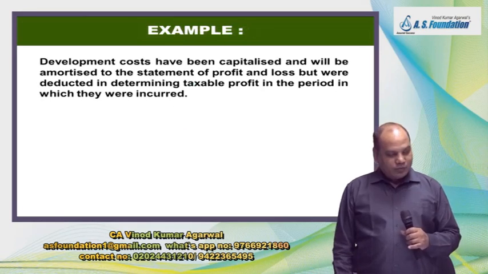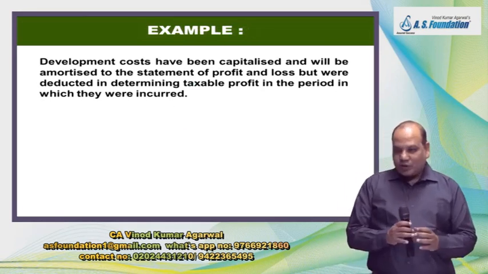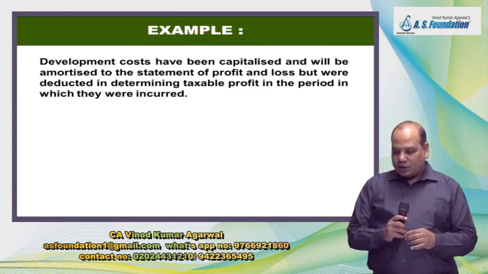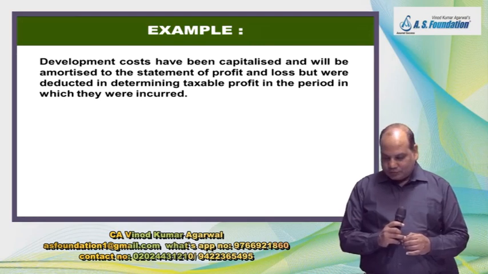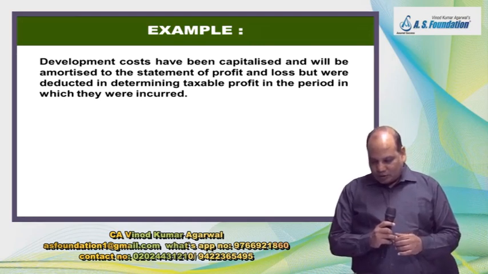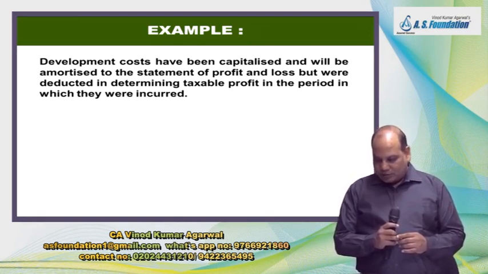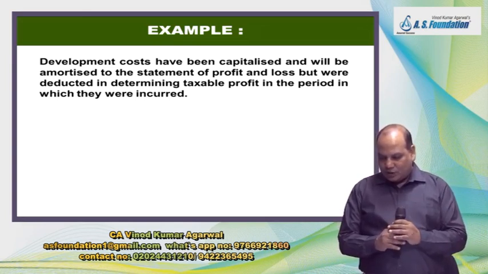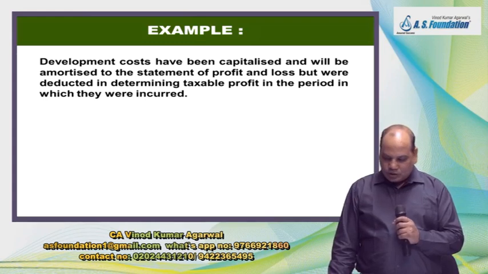Okay, try one more. Development costs have been capitalized and will be amortized to the statement of profit and loss, but were deducted in determining taxable profit in the period in which they were incurred.